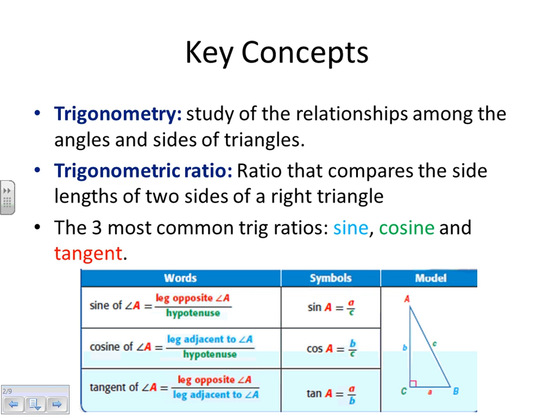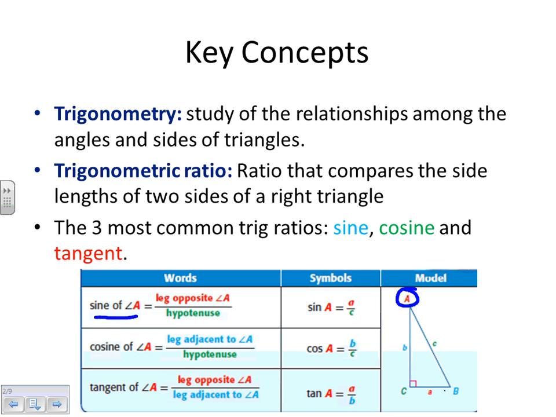And here in this box, I've got an example of this triangle right here, ACB or ABC. And we're looking at angle A. So the sine of A is going to be the leg opposite of angle A over the hypotenuse.